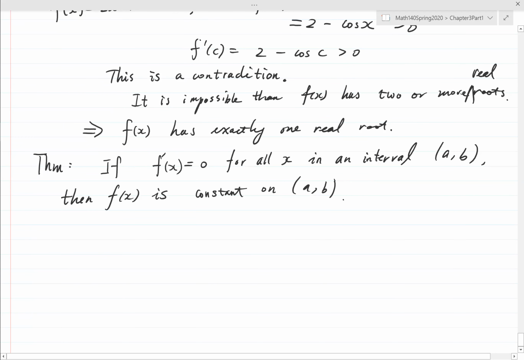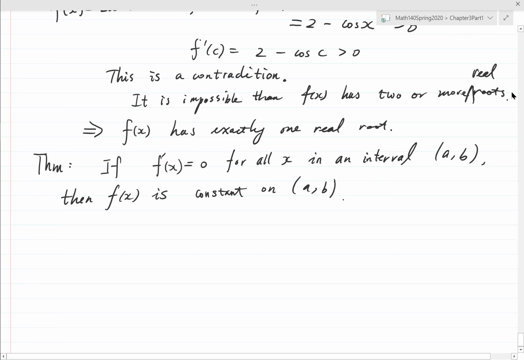Now from differentiation rules, we know if a function is constant, then its derivative vanishes. Constant derivative is 0. Now, conversely, if f derivative is 0, can we conclude that actually f(x) is constant?